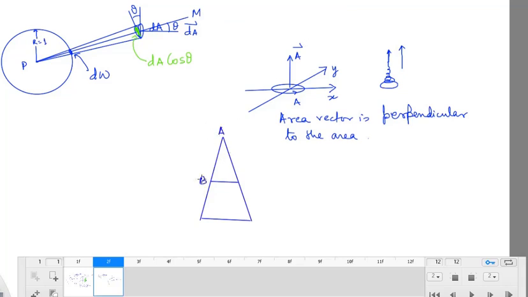Suppose A, B, C, D, E, and take a perpendicular line from E to this point, and say this point is M and this point is N. Now BC is parallel to DE. Okay, so can't I say DE by BC is equal to AM by AN?